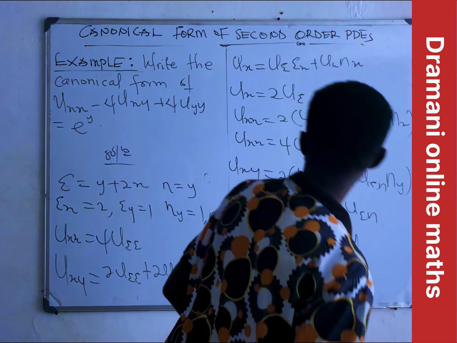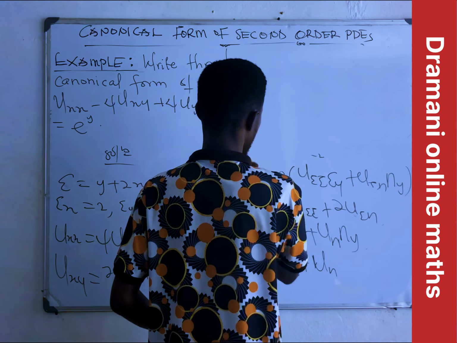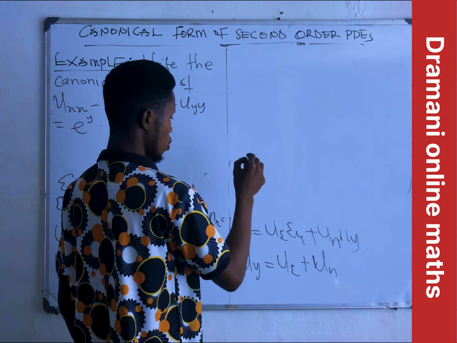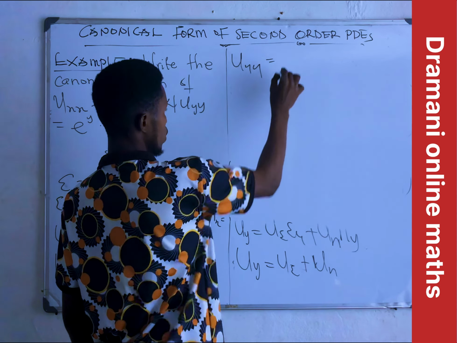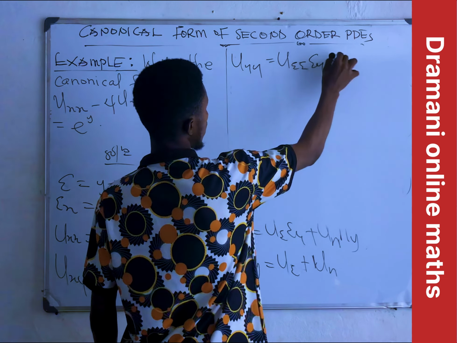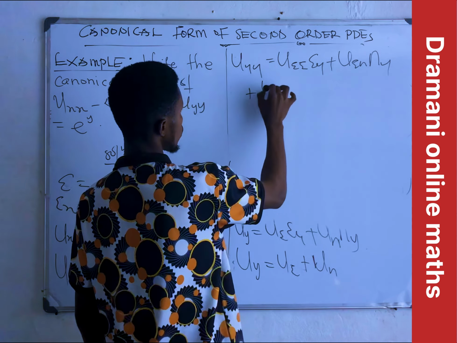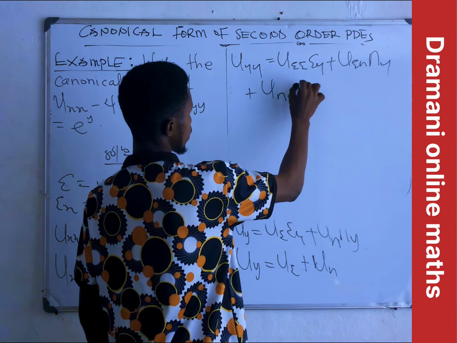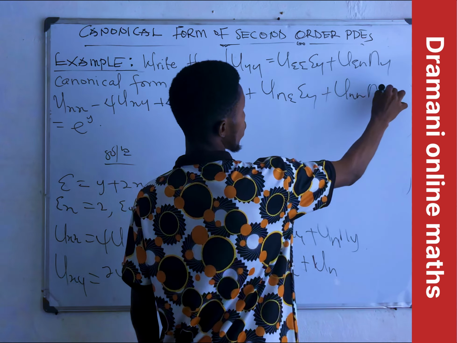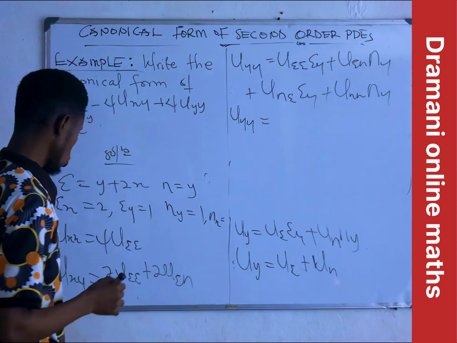So here, let me clean the top one. So here, when I come to the top part, that means I'm going to have my uyy equals to differentiate this one. That'll give you u xi y plus u xi y plus, then you differentiate it. This will give you u xi y plus u y. So this is what you're going to get. So my u xi equals xi y is 1.